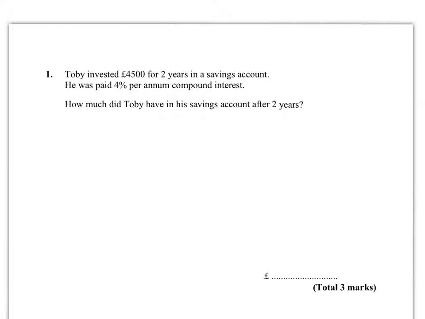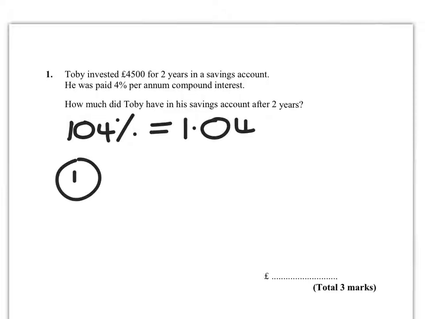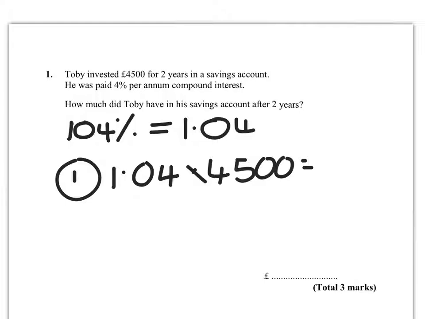So Toby has invested £4,500 for 2 years. He was paid 4% per annum. That means each year he's going to get 104%. Now I'm going to use decimals, so that's 1.04. So at the end of year 1, he'll have 1.04 times 4,500, which is 4,680.